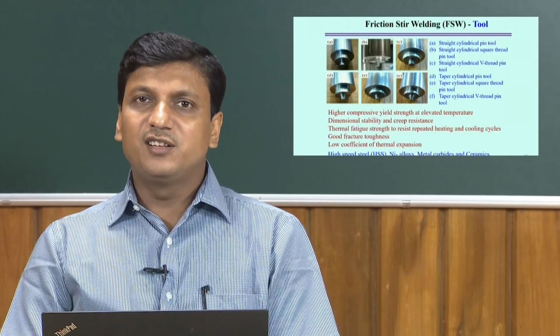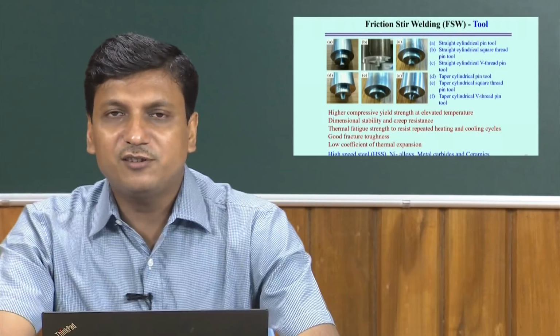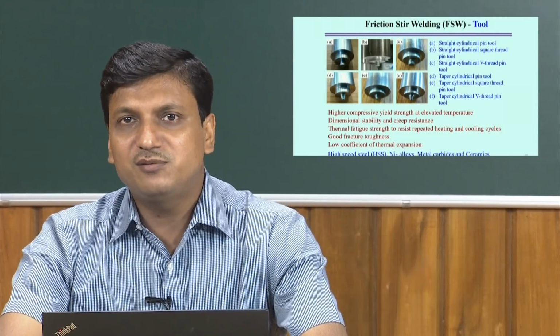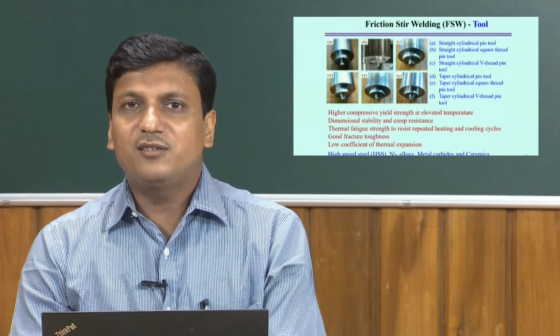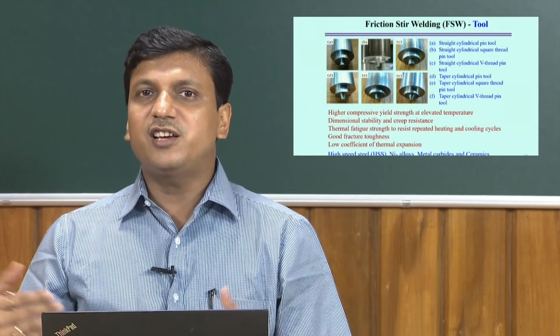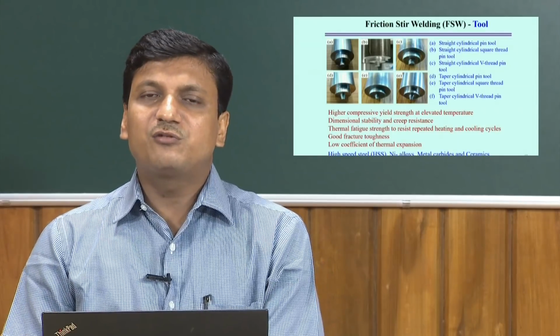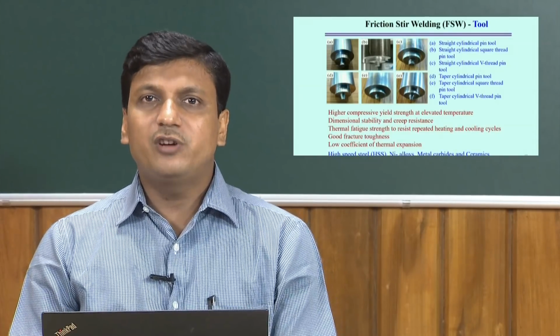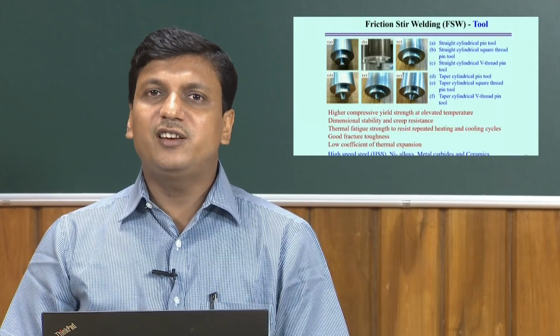Apart from that, the material should have the desirable properties we have just mentioned. If all these desirable properties exist, then we can use the tool material. But there is a separate analysis of the tool material, because the other side of the tool used for FSW is tool wear and the cost of the tool to produce any kind of weld joint.